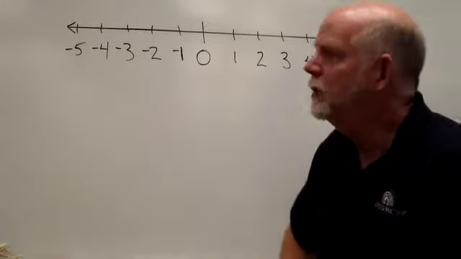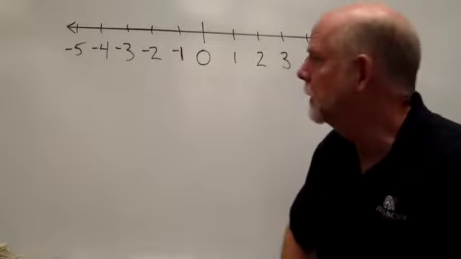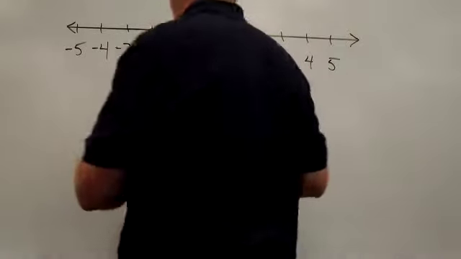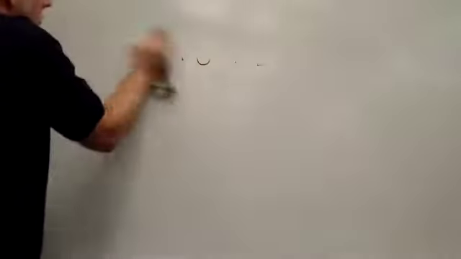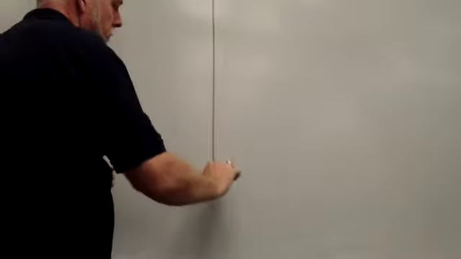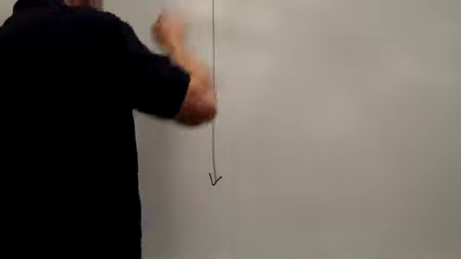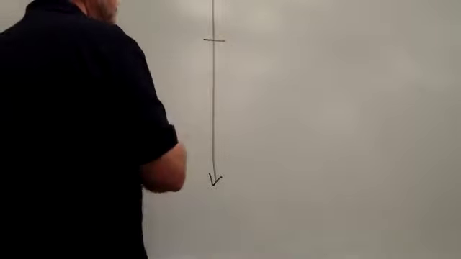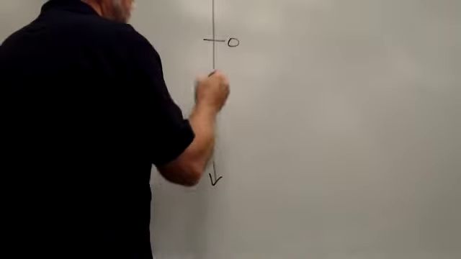But I want to change this a little bit. I want to look at this a little differently. So we're gonna get rid of this number line, and we are going to draw this number line just a little differently here. I'm going to draw it vertically to where 0 is in the center.